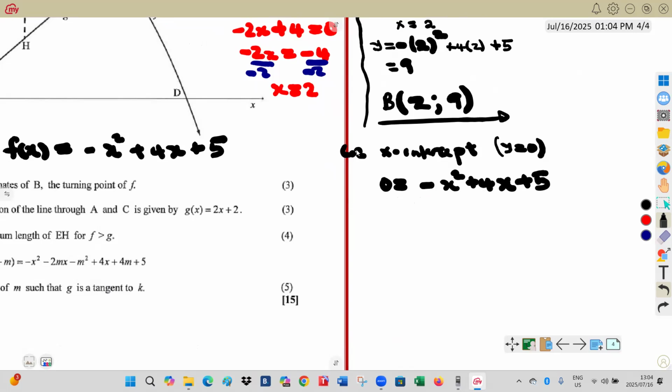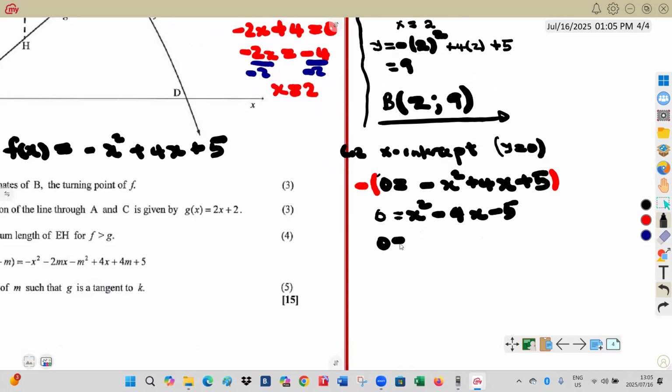If we divide here by negative 1, or multiply the whole thing by negative, we end up having 0 equal to positive x squared minus 4x minus 5. Then we have to solve that.